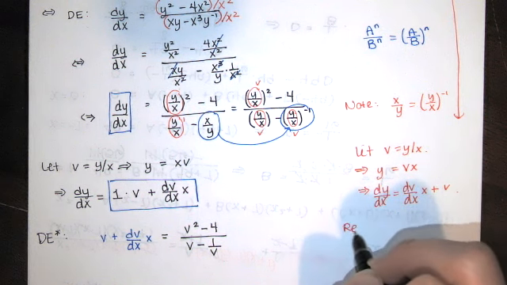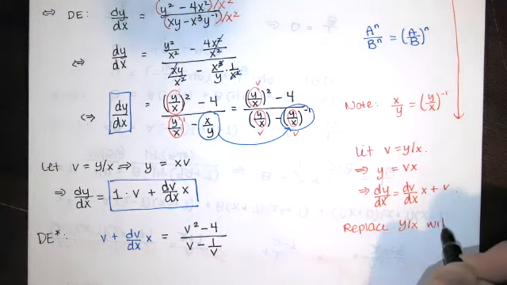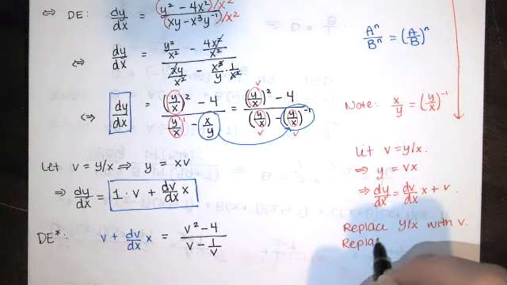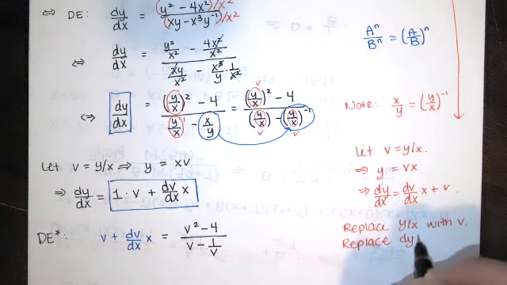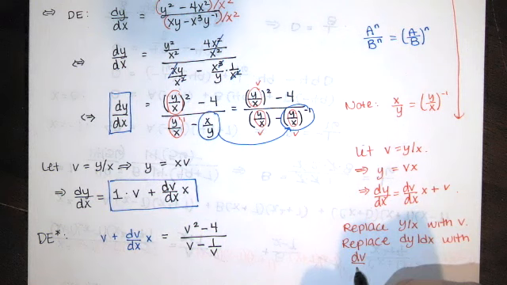So we are replacing y over x with v, and we're replacing dy dx with what that expression is in terms of v, which is dv dx times x plus v.